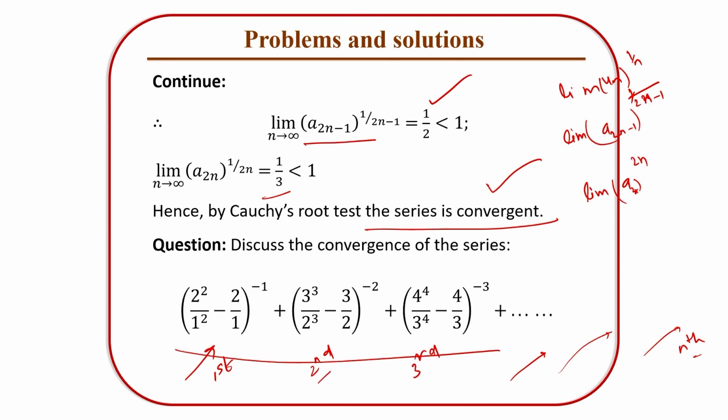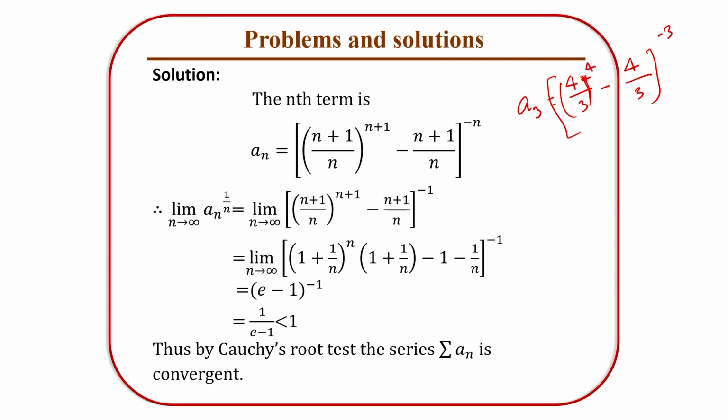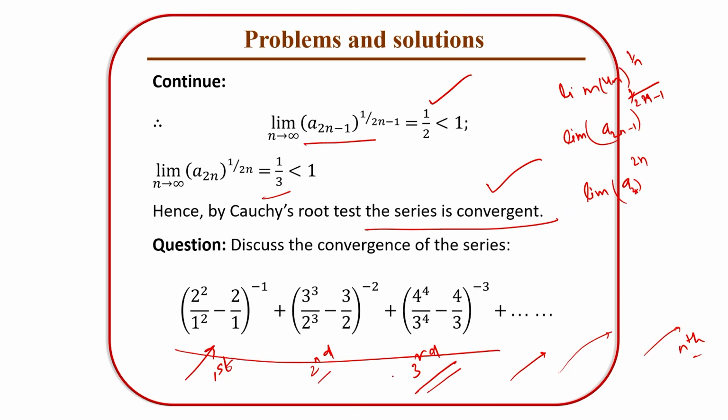You can compare this with the third term here: 4 to the power 4 over 3 to the power 4, minus (4/3) to the power minus 3. This is the same as the third term given here, right?